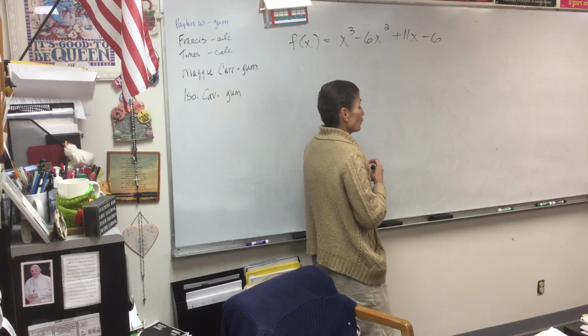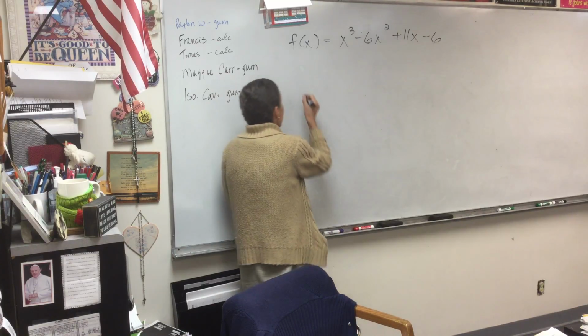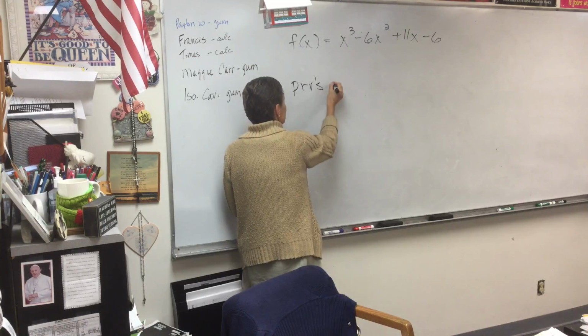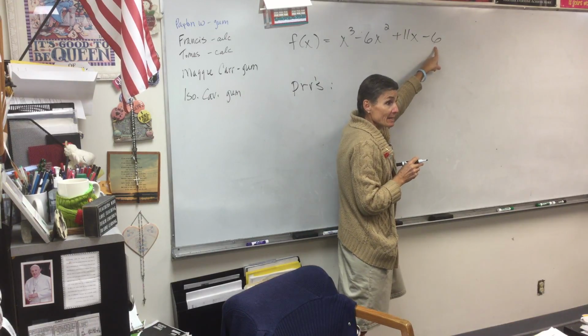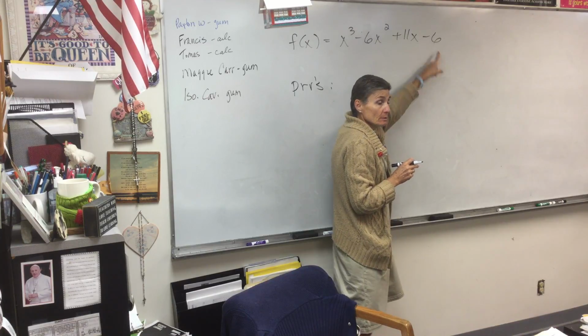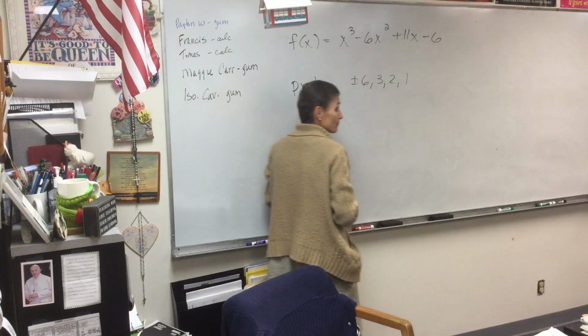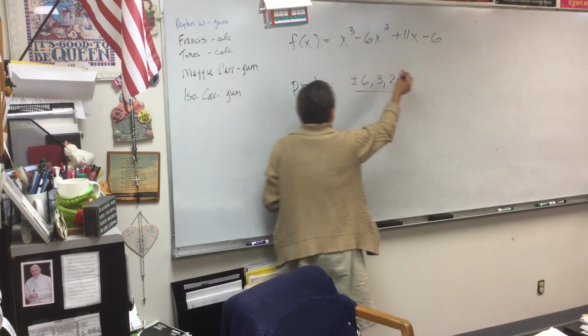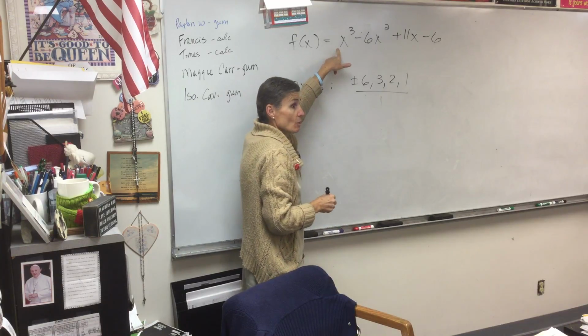So I know, if it doesn't group, then I'm going to have to guess. And my PRRs, my possible rational roots, are factors of that number, so that would be 6, 3, 2, and 1, over factors of this number, which is just 1.